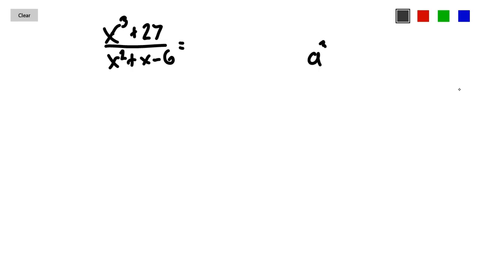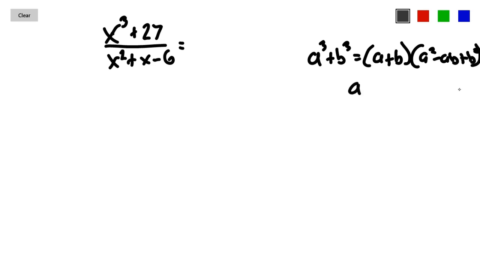Let's say that we had x cubed plus 27 on the top, and on the bottom we had x squared plus x minus 6. So at the top here we have a sum of cubes, so that's going to factor in this way. If we have a cubed plus b cubed, this factors as (a plus b) times (a squared minus ab plus b squared).